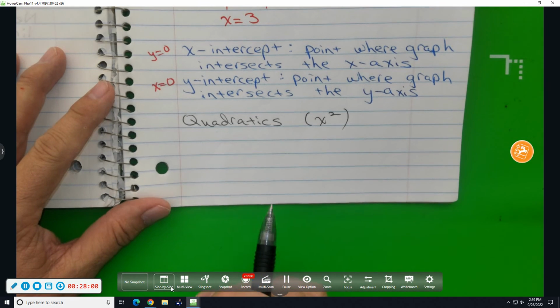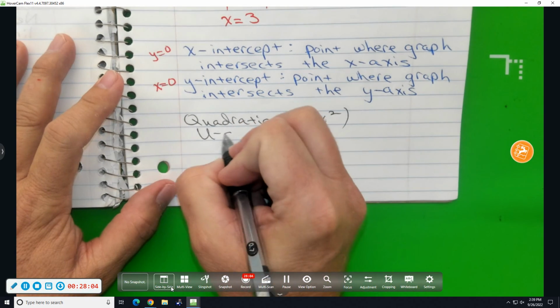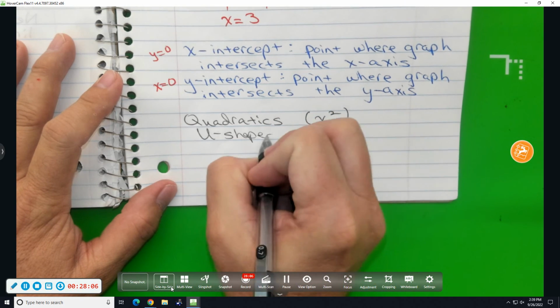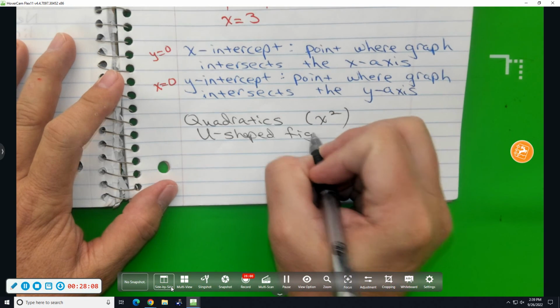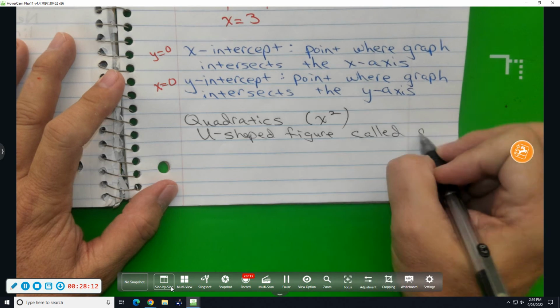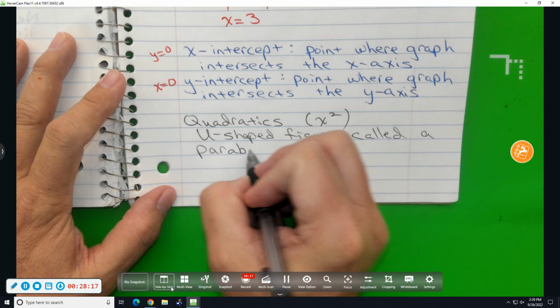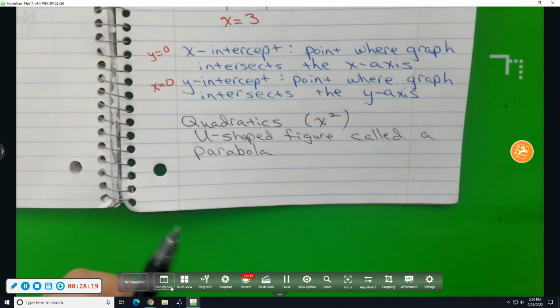The graph of a quadratic is a smooth U-shaped figure called a parabola. P-A-R-A-B-O-L-A. We're going to do a lot with quadratics later on, okay? Here we're just going to be plotting points.